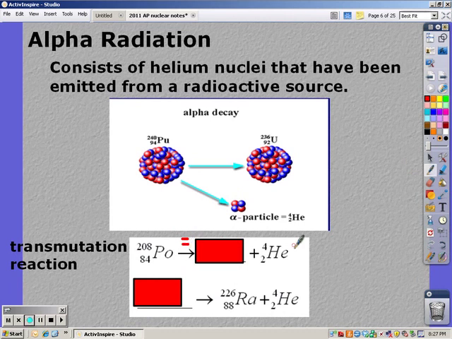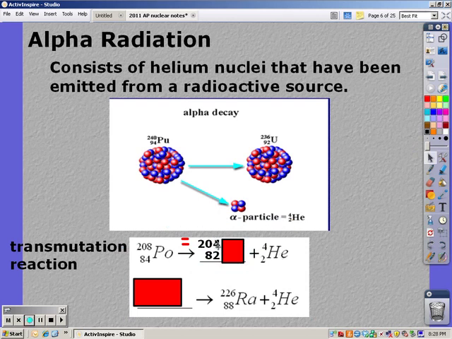These are basically addition and subtraction problems where the reaction sign is an equal sign, and so we have 208 is equal to something plus 4. And 84 is equal to something plus 2. So we get 204 and 82.